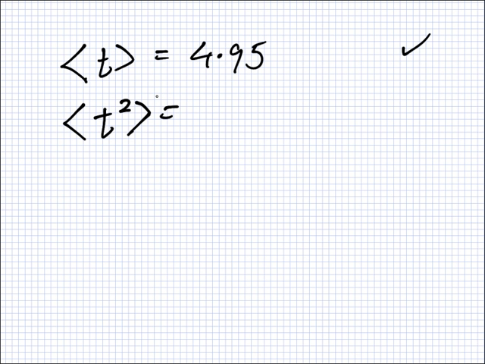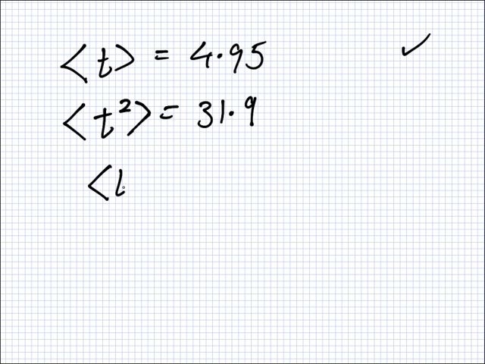So the first one is 1 squared times 9, and the next is 3 squared times 22, then 5 squared times 26, then 7 squared, 9 squared, and so on up to 15. Divided by 80 still. That comes out to be 31.9.